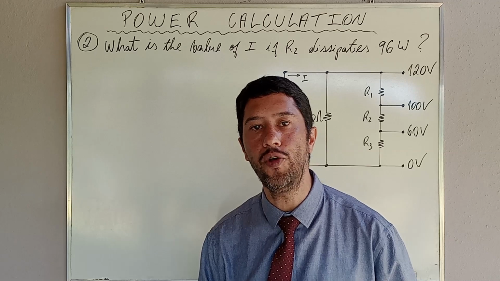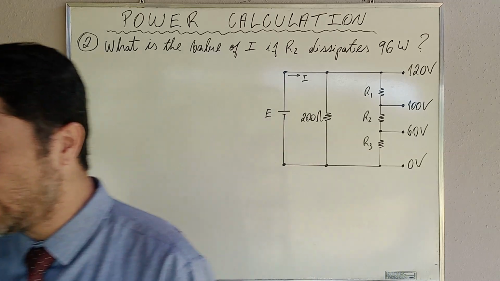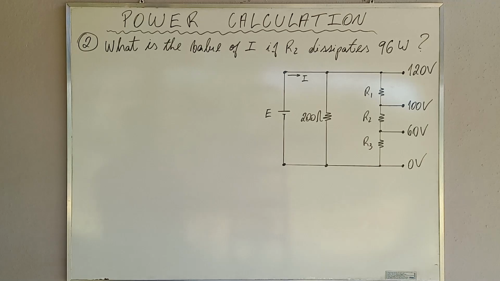Exercise number 2. For the circuit of the figure, resistor R2 dissipates 96 watts of power. In this way, what is the value of the current supplied by the source? This is the question. Let's go to the solution.